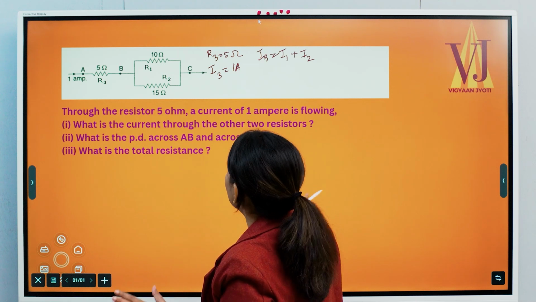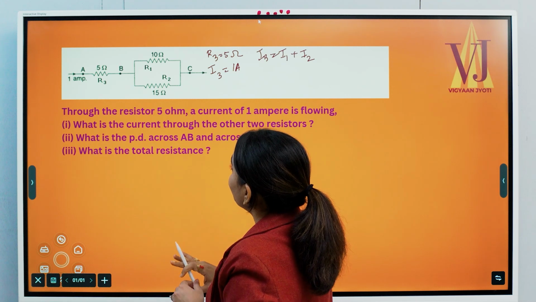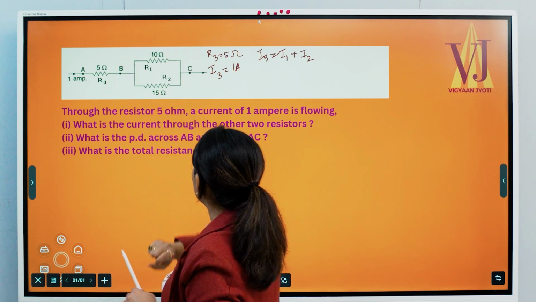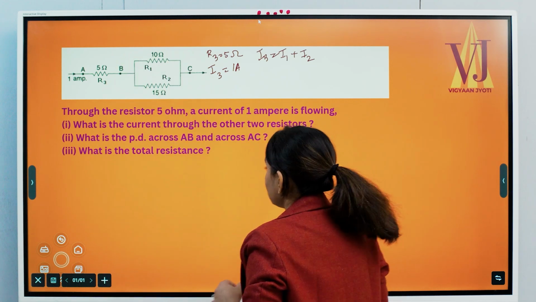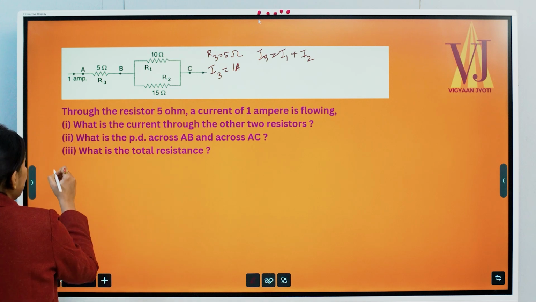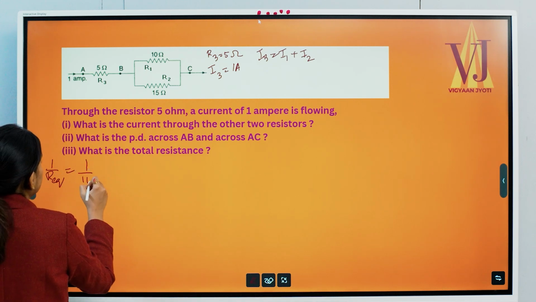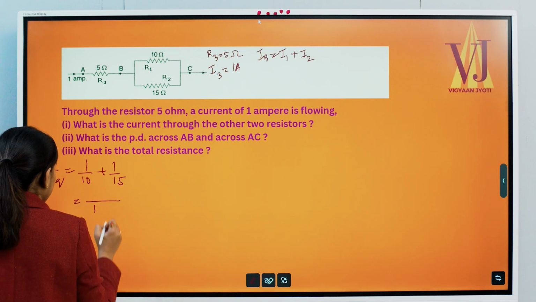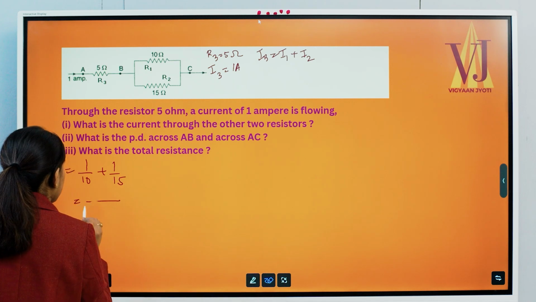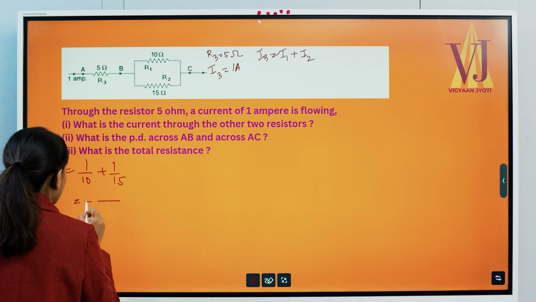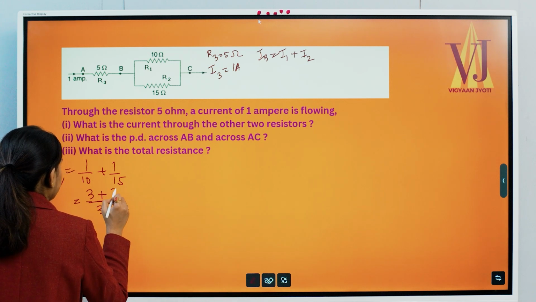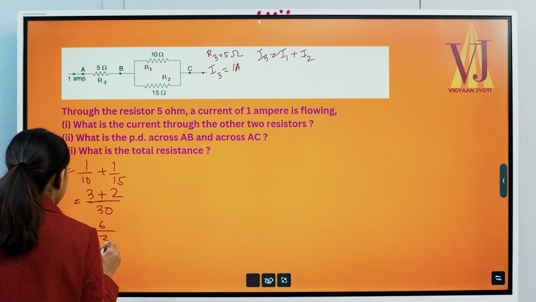Since we know the total current, first let me find out the equivalent resistance. The equivalent resistance of the parallel circuit will be 1 by 10 plus 1 by 15, so it will be 6 by 30.